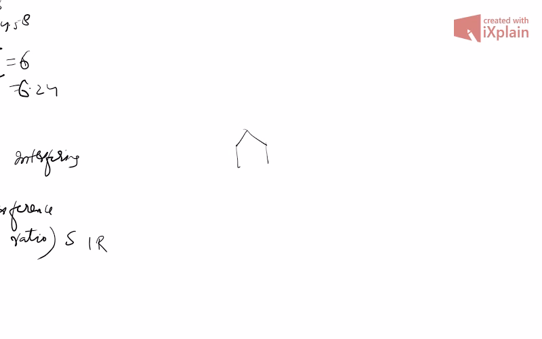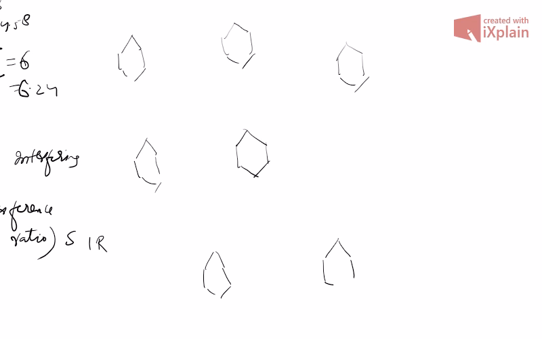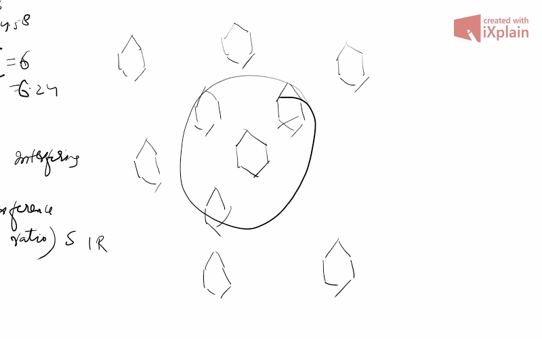Suppose this is your cell, and suppose these are the co-channel cells, that is, all of these use the same frequency. There are in between other hexagonal cells also, but they use different frequencies, so there is no co-channel interference between them.